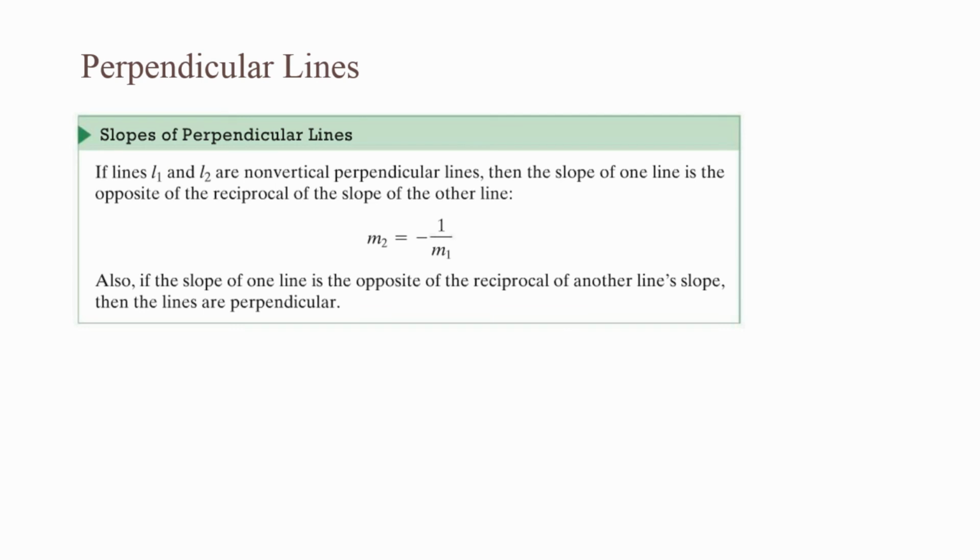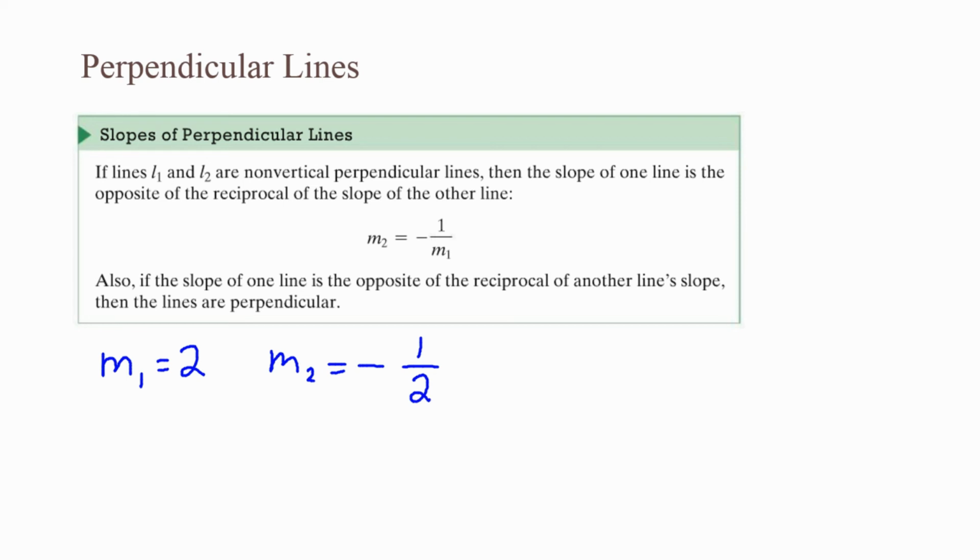Slopes of perpendicular lines. If lines L1 and L2 are non-vertical perpendicular lines, then the slope of one line is the opposite of the reciprocal of the slope of the other line. So M2 is going to equal -1 over M1. What that means is if I have a slope M1 equals 2, then M2 is going to equal -1 over the value of M1, which is 2.